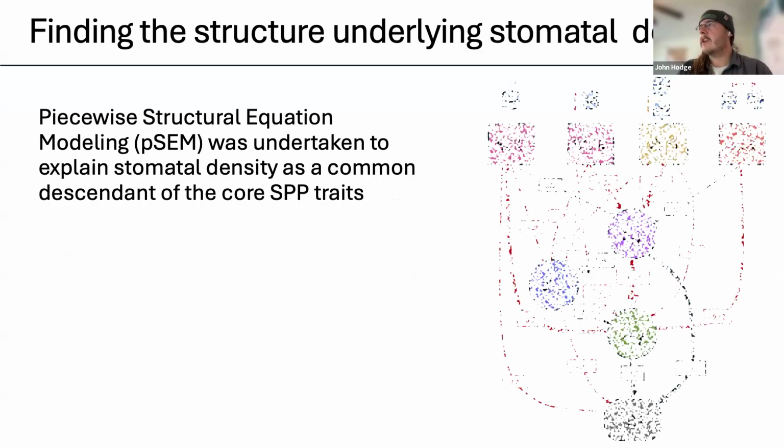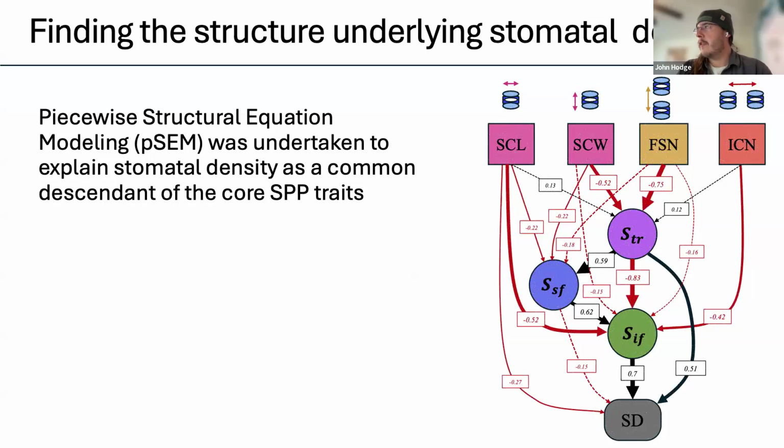What we ended up creating was this, which is a little bit unwieldy to look at, but we're going to walk through the key parts of it shortly. But you can already see that at the very top of this model, what it comes down to is that cell size and cell spacing seem to be driving a whole lot of the process. And ultimately, we're explaining where the variation from stomatal density is coming from.